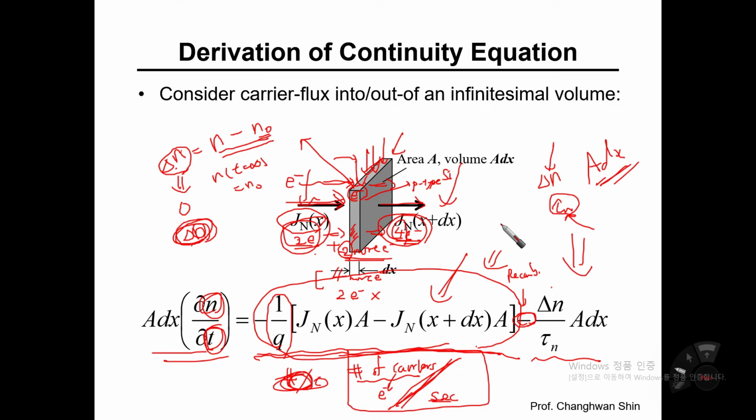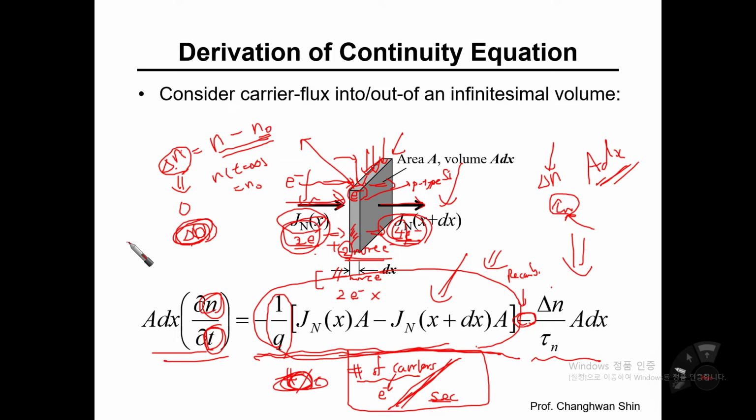The answer can be found here: lifetime. What was the definition of the lifetime of a minority carrier? Yes, in the sea of majority carriers, how long the minority carriers can survive right before being recombined with the host or majority carrier.